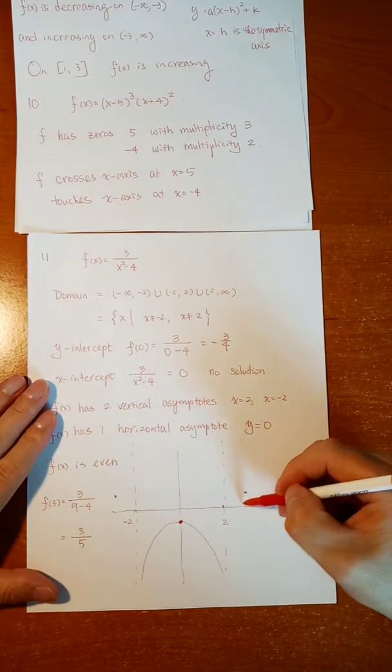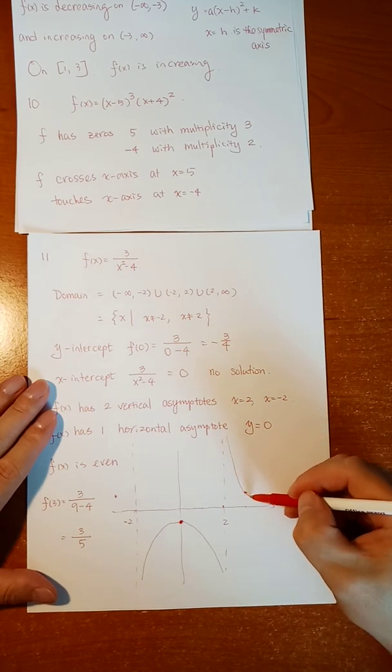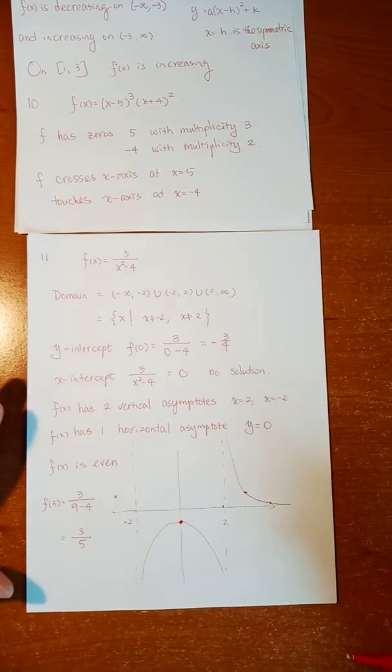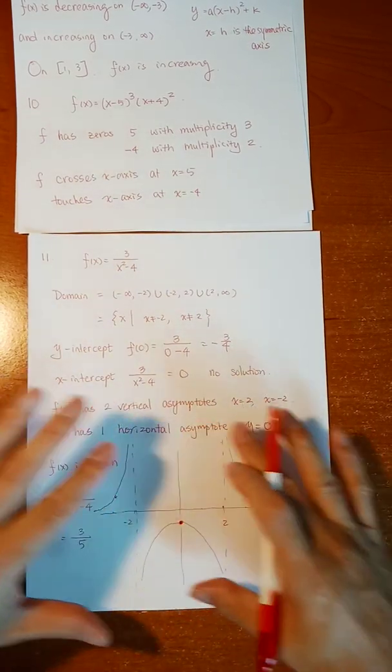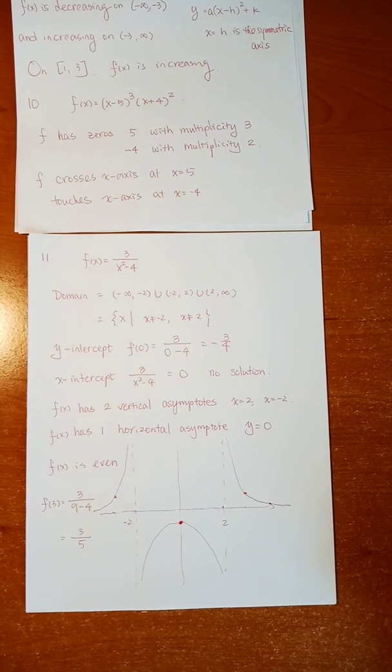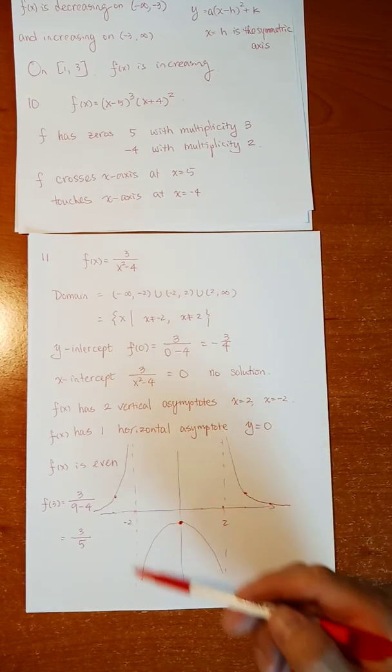If it goes down, you would have an x-intercept, so it will go up. And the horizontal asymptote means it will go here. Symmetrically, you will have this. So this is the graph of the function f(x). I'm not going to give you some crazy graph, this is a simple graph.